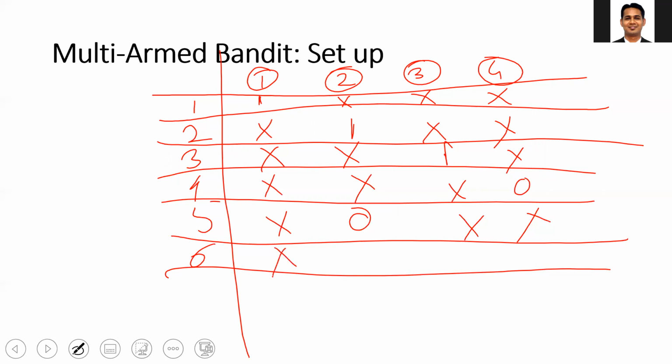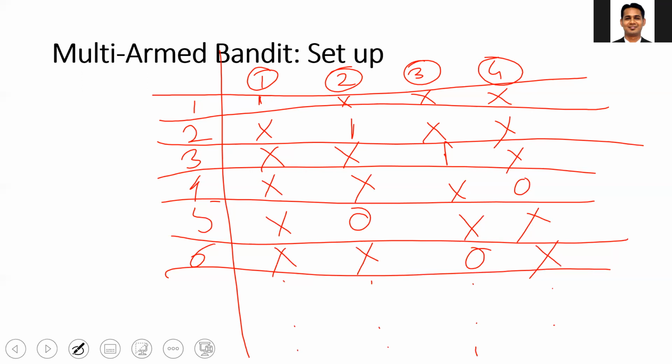Once I selected arm 3, I got a reward of 0. And you will go on like this, and you can see that you need to explore all the arms a sufficient number of times to find out how good they are. This is called exploration of all the arms.